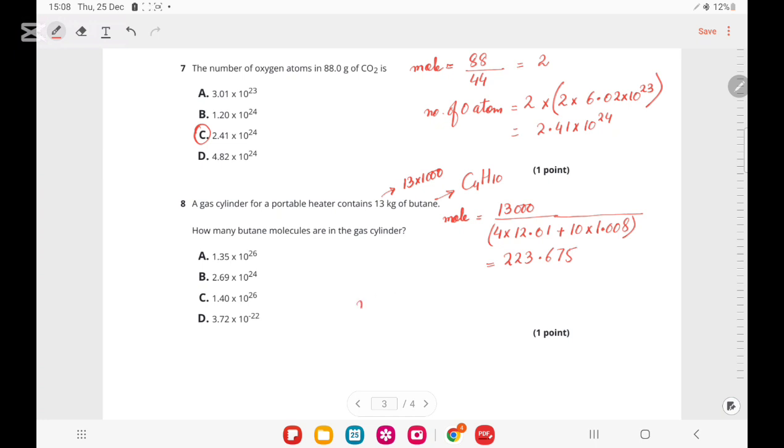Now I'm going to find the number of molecules, and the formula is mole times Avogadro's number. Mole is 223.675 times 6.02 times 10 raised to power 23, and the final answer comes out to be 1.35 times 10 raised to power 26. That is going to be this one.